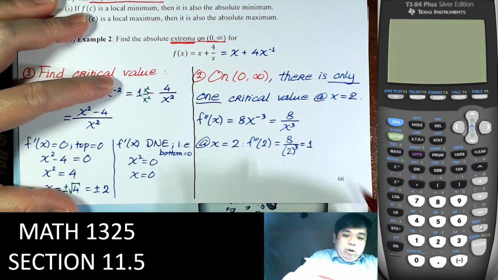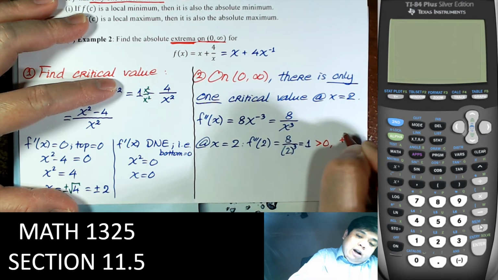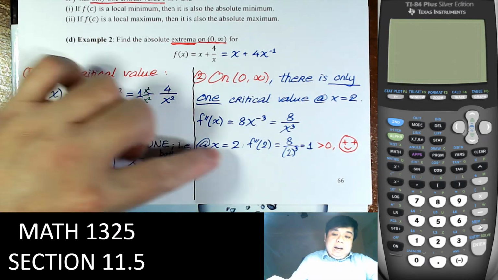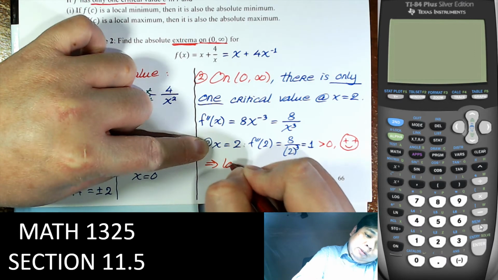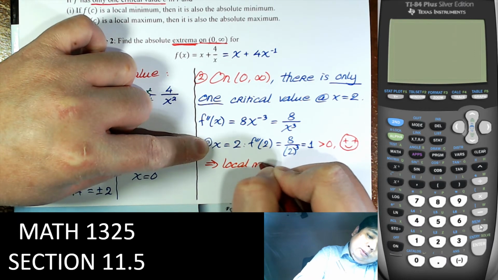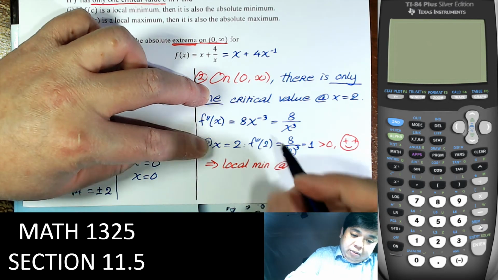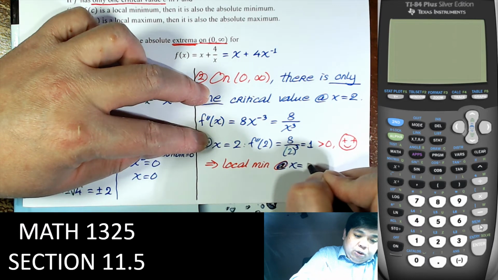And the second derivative is positive, meaning it is concave up. So we have the local minimum at x equal to 2.